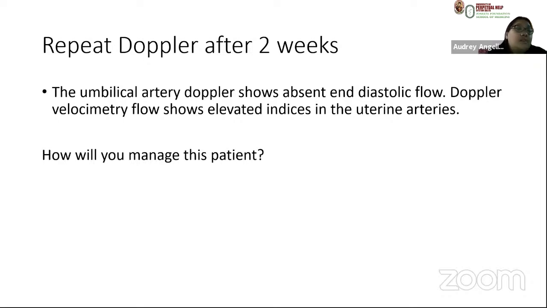How would you determine if this is indeed chronic hypertension or just pregnancy-induced? When will you reevaluate? If it's pregnancy-induced, then the patient will not be hypertensive after 20 weeks after the delivery. 20 weeks?